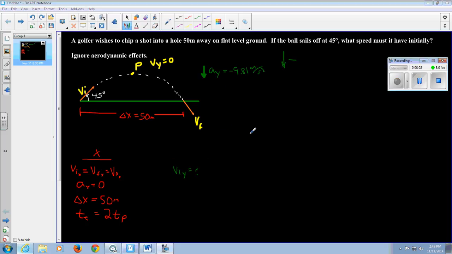So let's restate that for y at the peak position. The initial in the y direction is a question mark. The final in the y direction at the peak, at this spot, is equal to 0. My displacement in the y direction, we don't know.